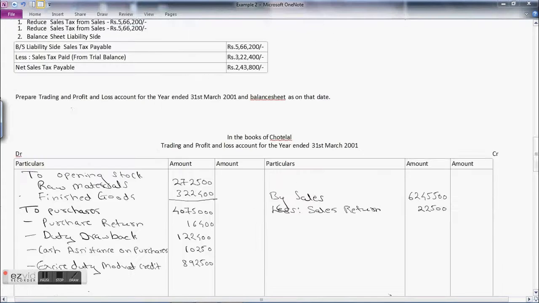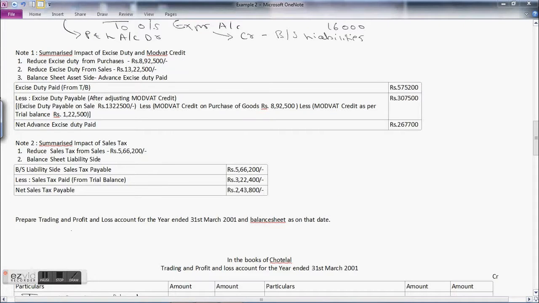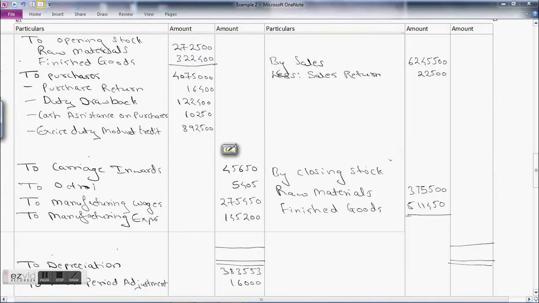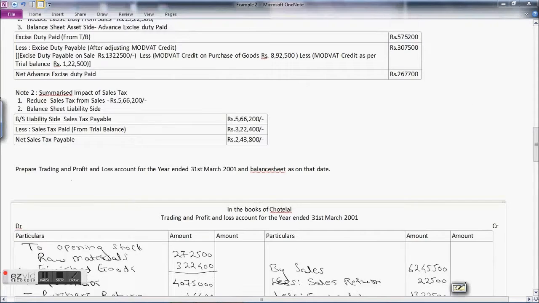Then the next effect, reduce excise duty from sales 13,22,500. So less excise duty, 13,22,500.